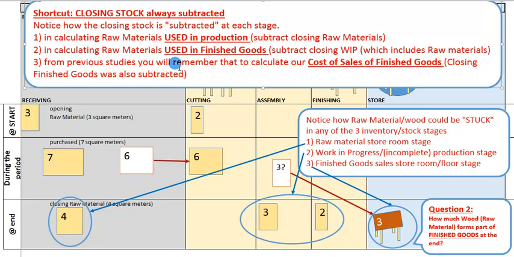So from your previous studies, you'll also remember that when we calculate our cost of sales, we also subtract the closing finished goods, because the closing finished goods is not yet sold, so we cannot consider it as part of my cost of sales. So that's just a shortcut. You can just remember that closing stock is pretty much always going to be subtracted when we're doing our production cost statement and our income statement.